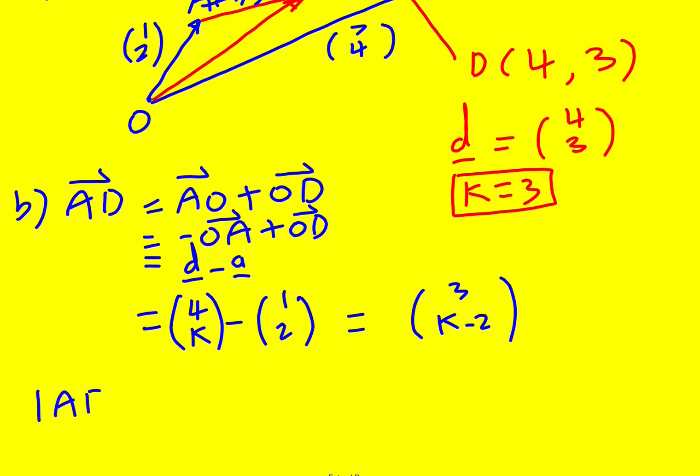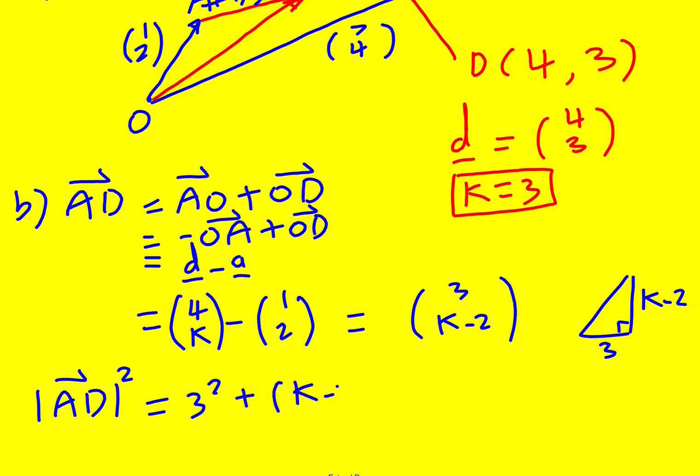Therefore, the magnitude, actually, we can use Pythagoras' theorem because we're going 3 along and k minus 2 up or down. So we've got a right angled triangle, 3, k minus 2. Okay, it might be going the other way, like I said, but in any case, AD squared is going to be 3 squared plus k minus 2 squared.